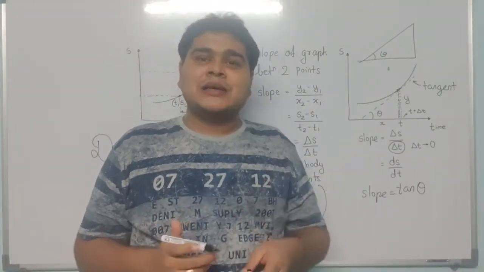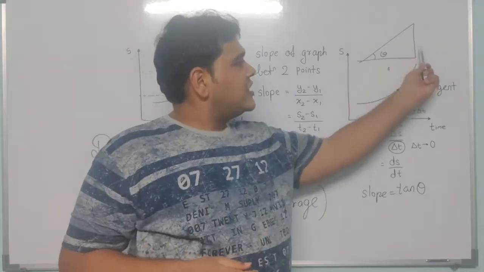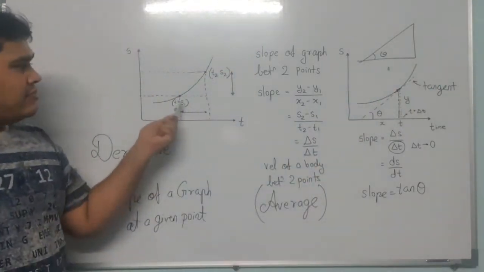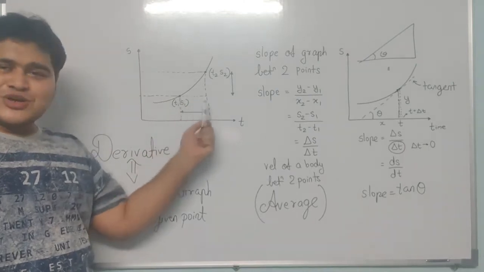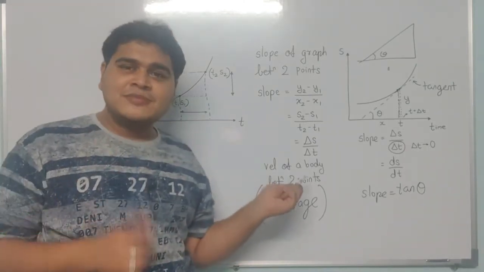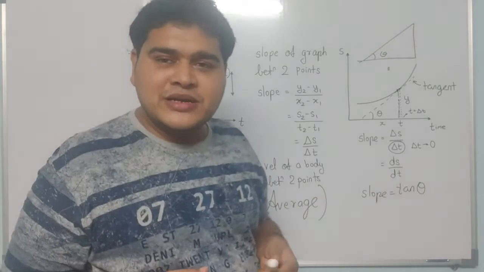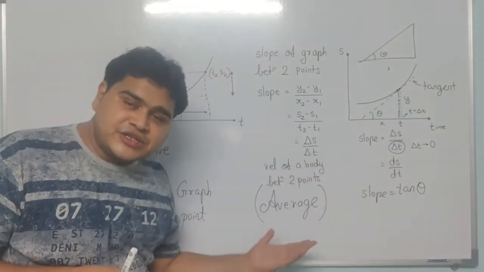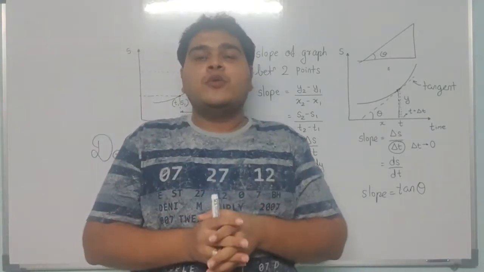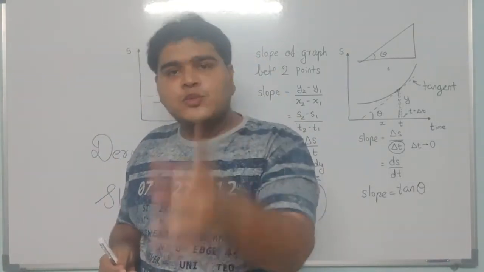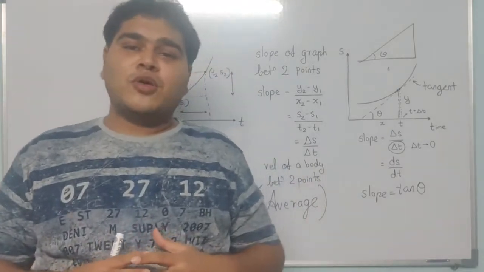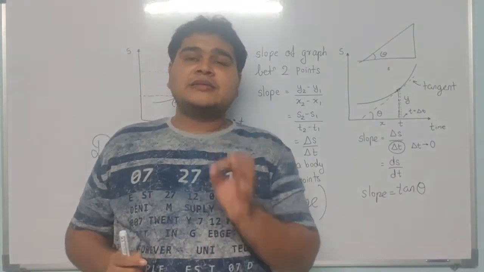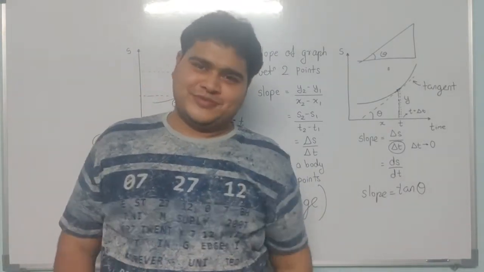Which means the tan theta, which is vertical upon horizontal, is the same thing we applied as the slope for average. The only difference over here is we are not taking 2 points because that gives us the average. We are taking 1 point which gives us the instantaneous value. So if you talk about a graph, I can say it is the instantaneous slope.